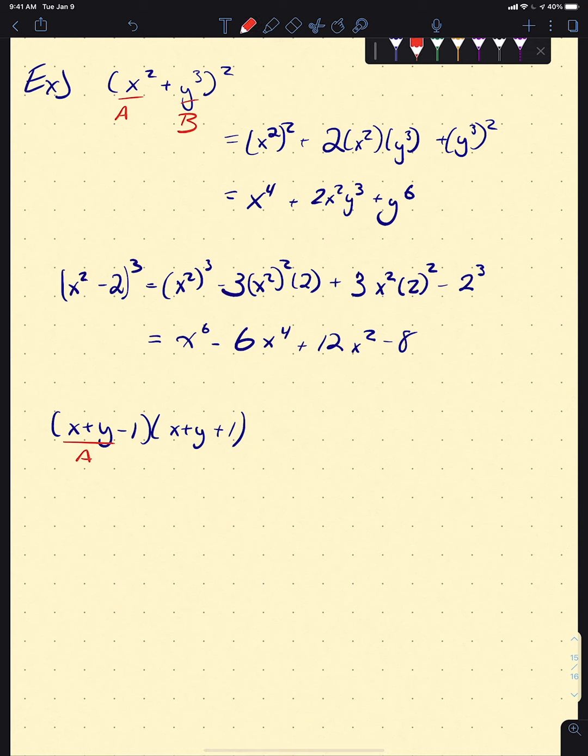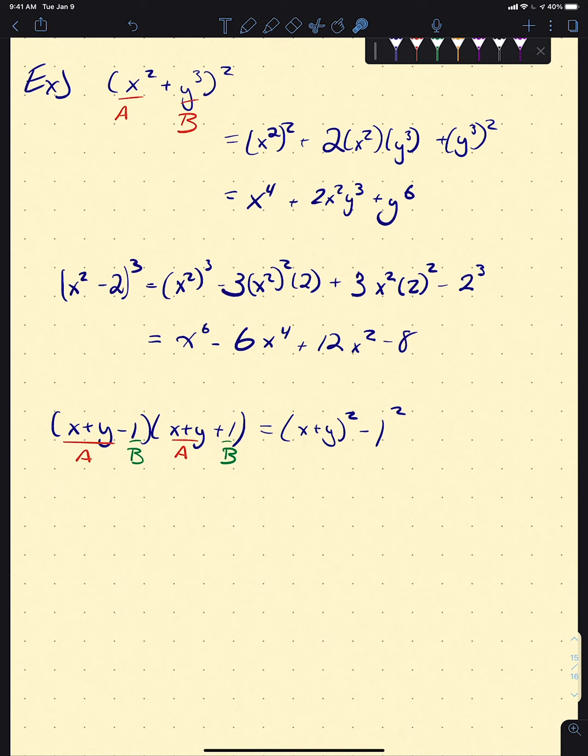Let's observe that we have x plus y in both of them, and we have 1 in both of them, and it's plus here, and it's minus here. This is a difference of squares, right? This is whatever we called A squared minus whatever we called B squared.